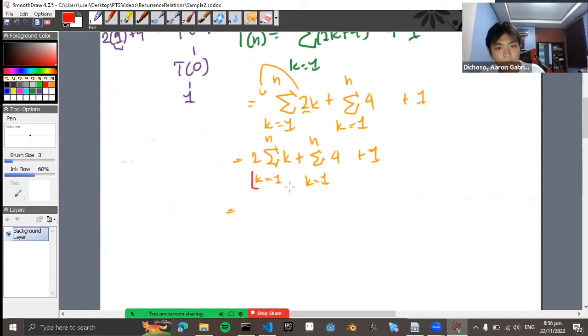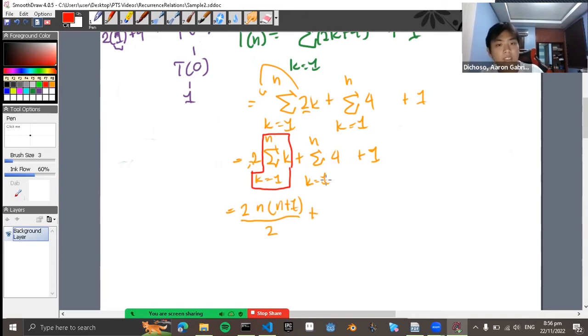Now ito, pag naalala nyo pa, what is the closed form of this specific type of notation? It would be 2, tapos yung upper bound, 2 here is yung nasa labas. Tapos yung upper bound n times n plus 1 all over 2.